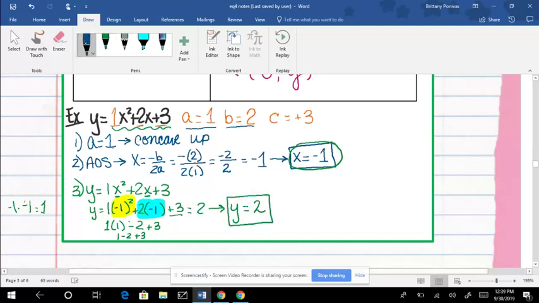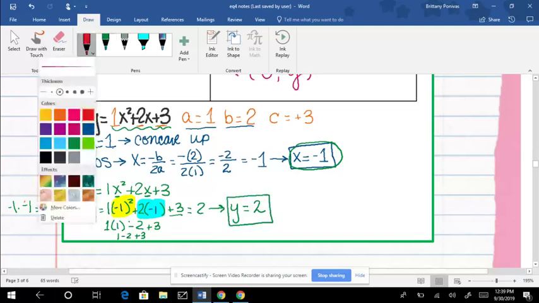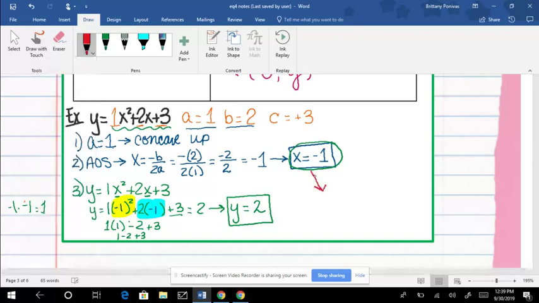Your vertex is a point. You took this axis of symmetry and you plugged that in for x, and you found that y is 2. So this is your vertex. Your vertex is the point negative 1, 2. And that's all that fit on my notes paper.